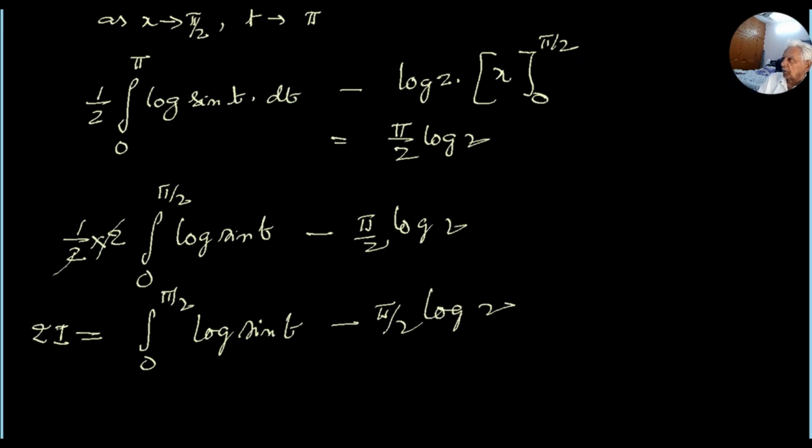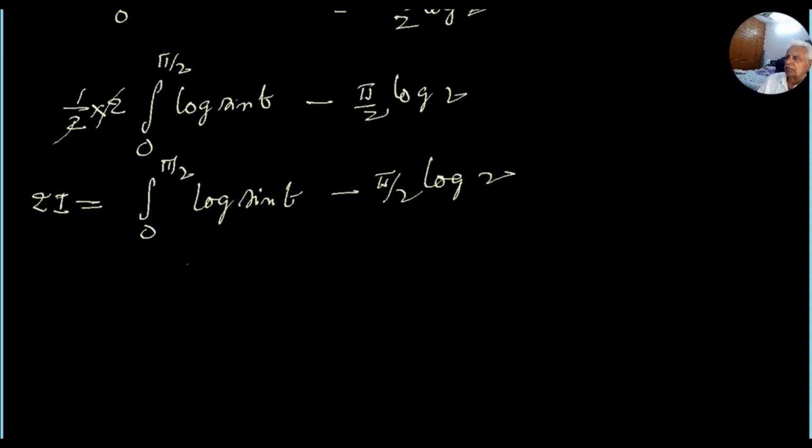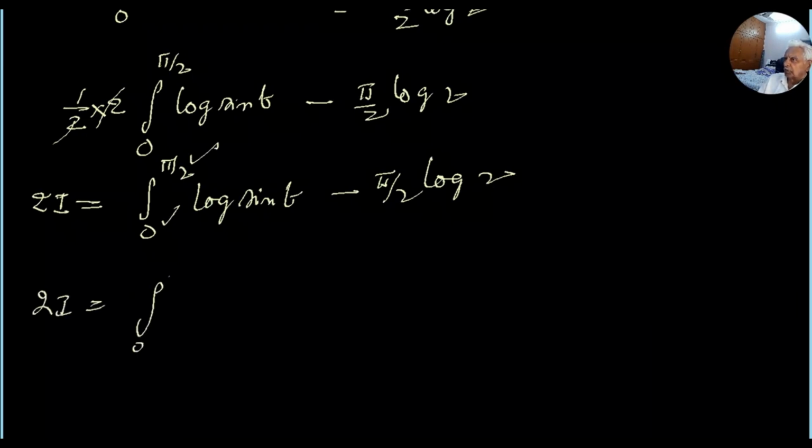Here we are going to apply the very first rule, P0, which says you can change the variable as long as you keep the limits the same. So 2I equals integral from 0 to pi by 2 of log sin x dx. Here dt becomes dx, minus pi by 2 log 2.